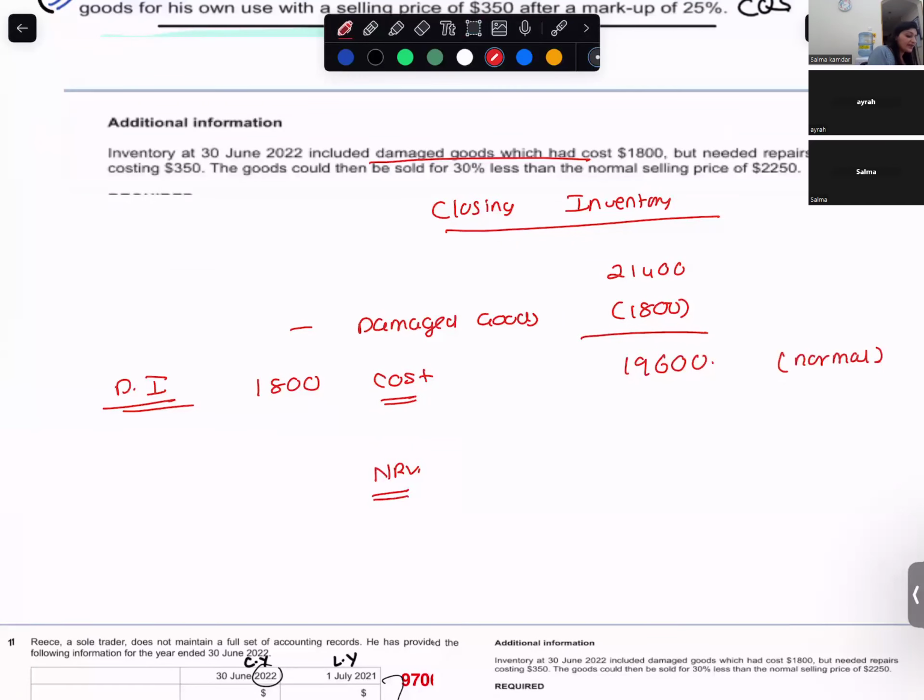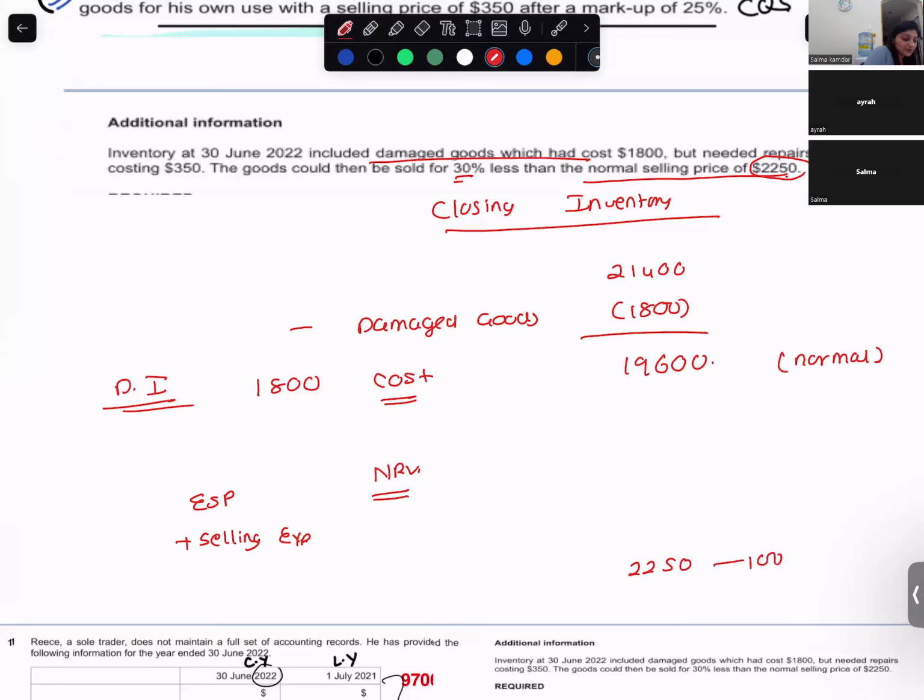The NRV of damaged inventory is estimated selling price minus selling expenses, right? Normal selling price is 2,250.